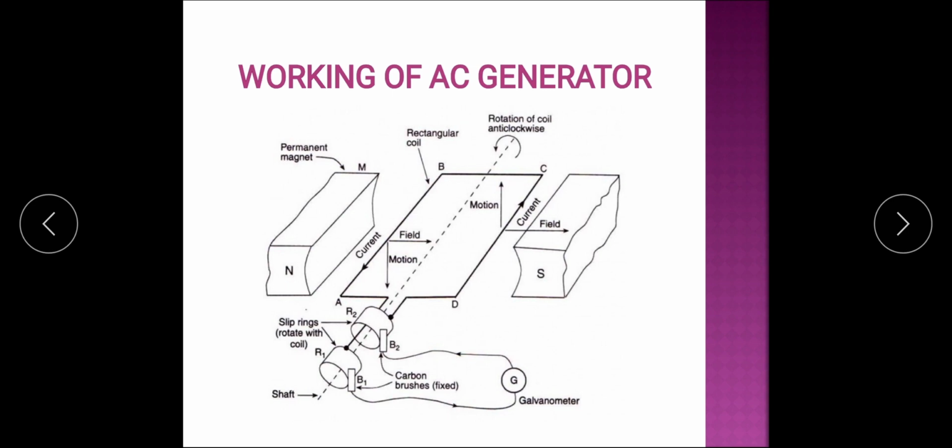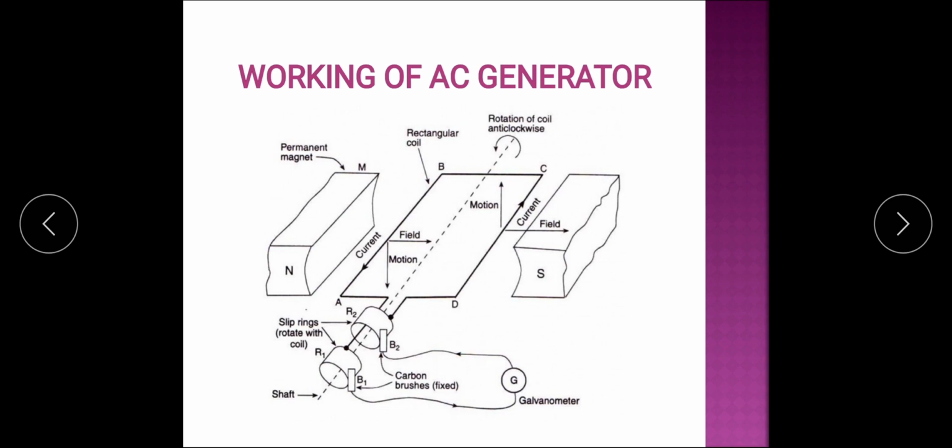Students, when this coil is rotated, due to electromagnetic induction, current will be induced in it because the magnetic field linked with the coil will continuously change due to the rotation of the coil. Now we have learnt that we can find the direction of induced current with the help of Fleming's right hand rule.